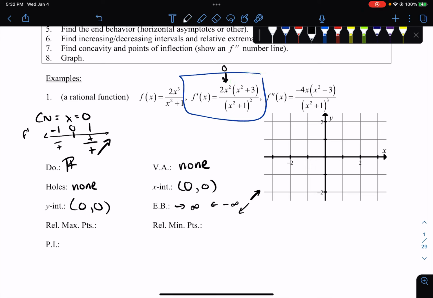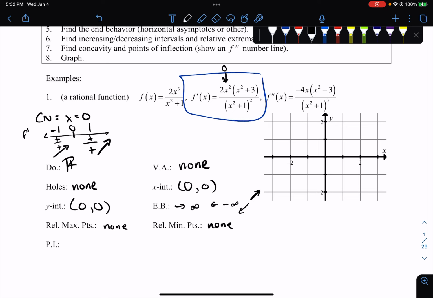So I end up with a positive on the top as well. So to the left of 0, my function is increasing. And then at 0, it stops. And then to the right of 0, it's increasing again. So that means I don't have a maximum or a minimum because my function is always increasing.